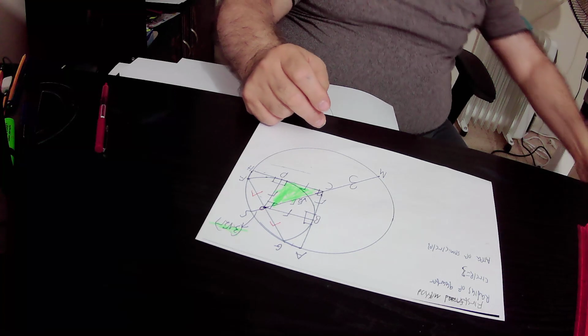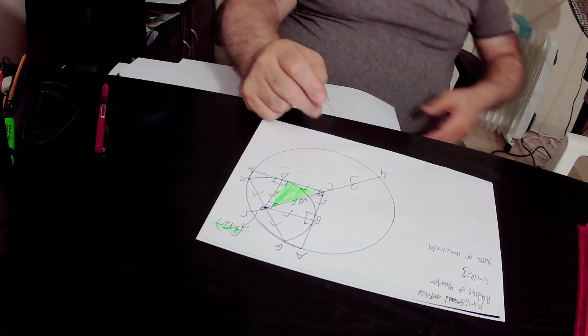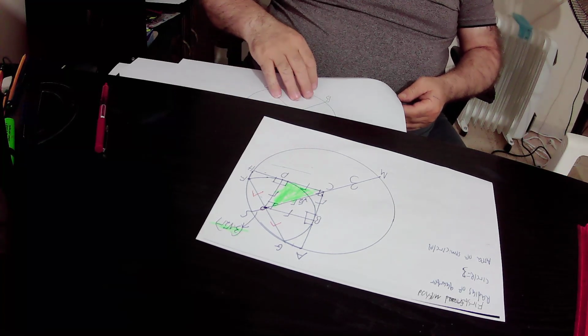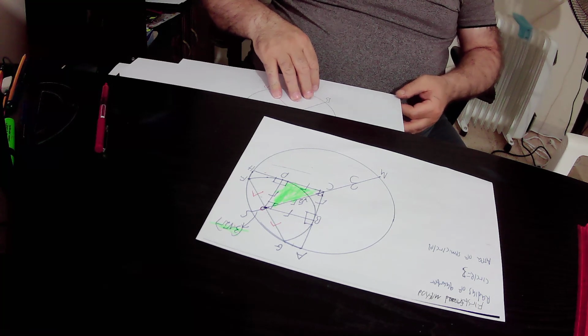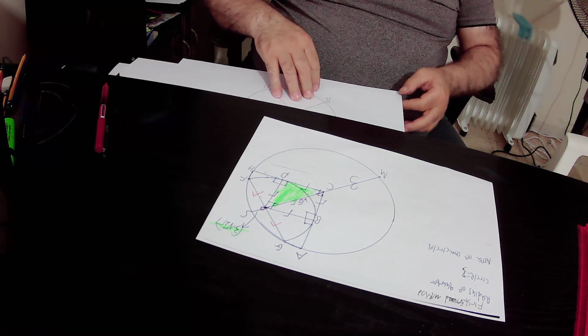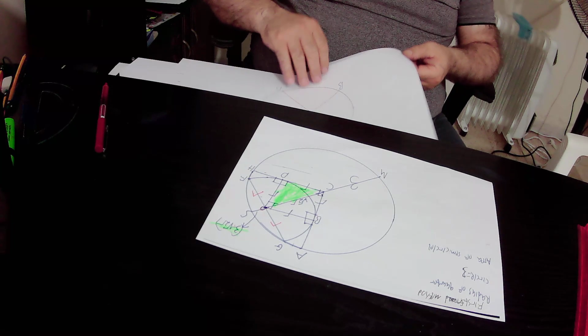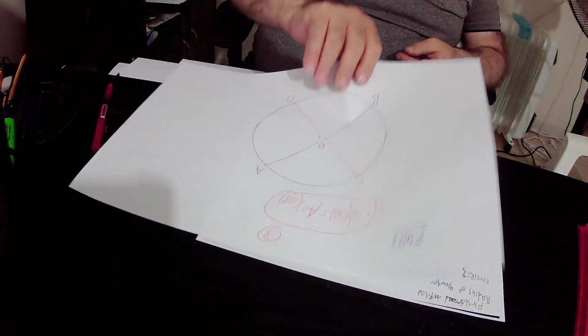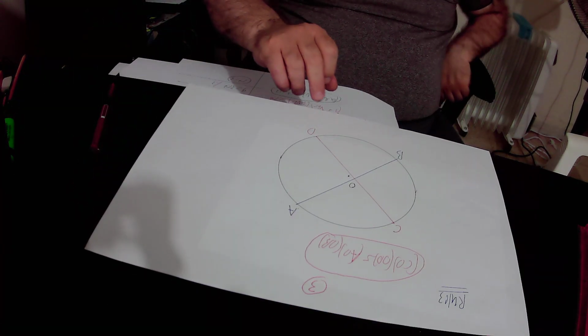Then I presented to you a new rule, number 3, related to two chords that intersect each other inside a circle. Here we have a circle and two chords.